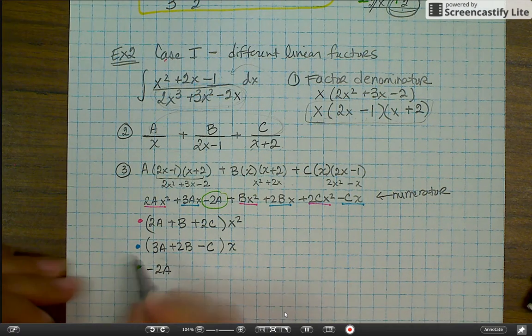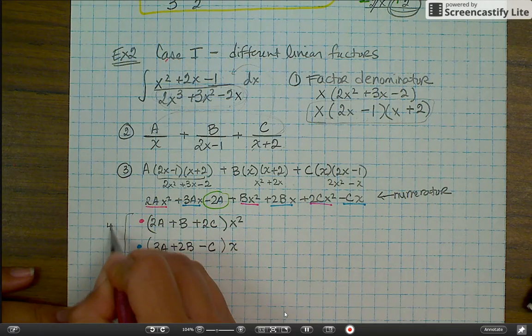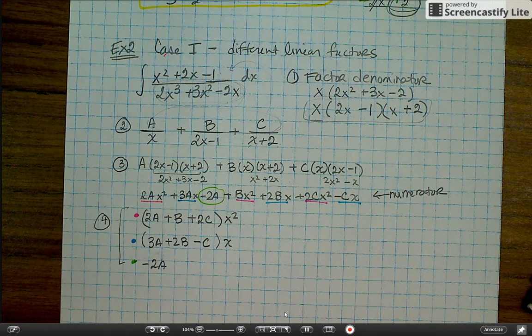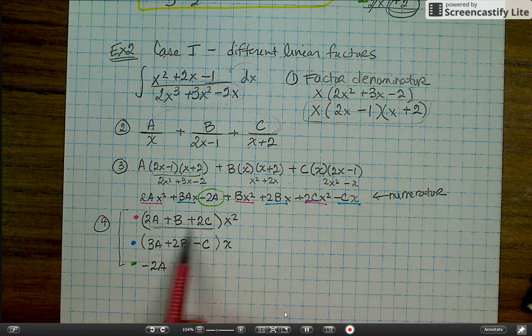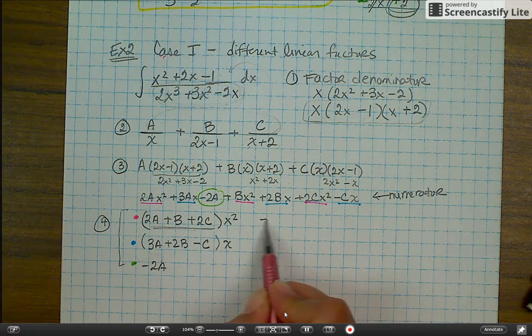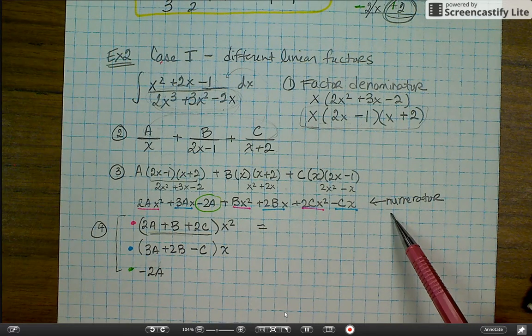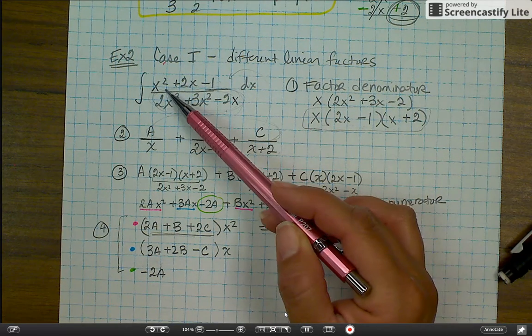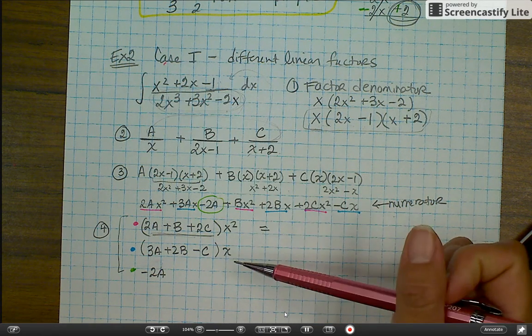Okay, so now this I'm going to consider right here is my step 4, putting my like terms together. What I have in the parentheses is the coefficient of x squared in my numerator. So what is the coefficient of x squared in my numerator? I'm asking you guys.